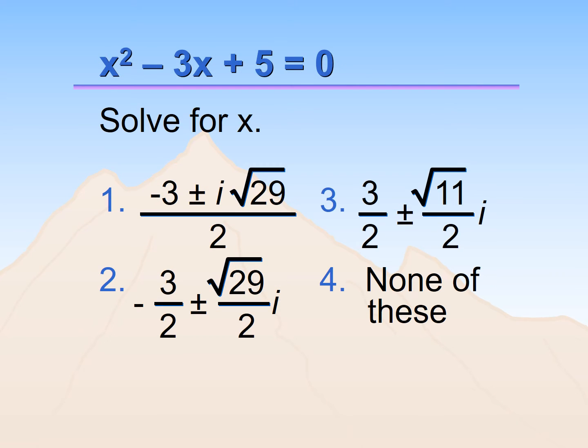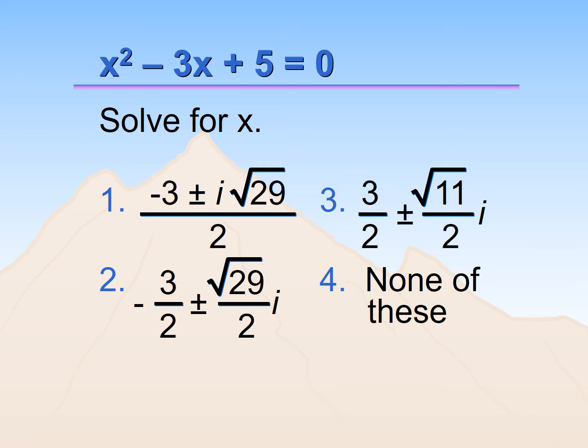Let's try another one. Notice how in that previous question your discriminant was 0 and you got one rational solution. So let's see what we'll get this time. In this case, our a is 1, our b is negative 3, and our c is 5.